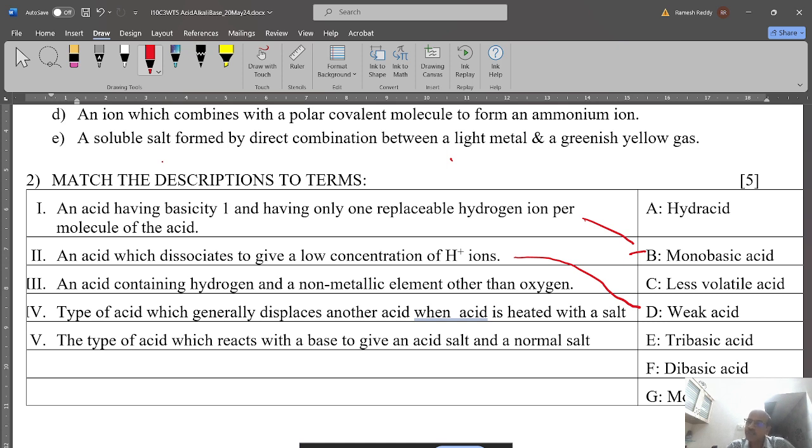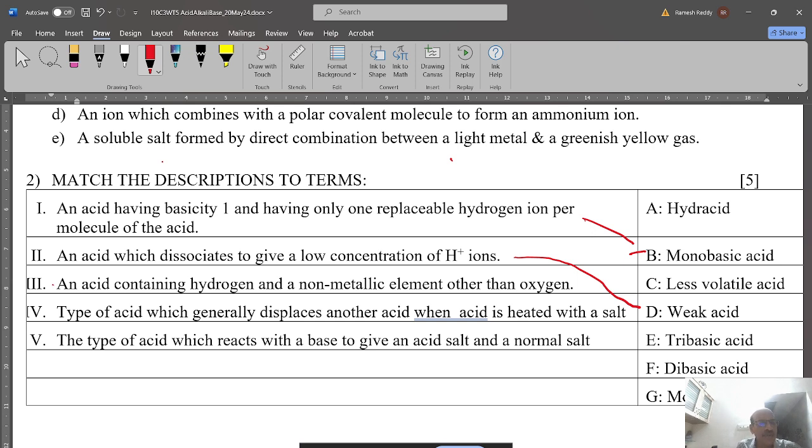But a very weak acid will not give all 100. If I put 100 molecules, it will give lesser than 100. Take acetic acid, for example: if I put 100, it will give only 20 hydrogen ions. So it is a weak acid. Those are the weak acids.